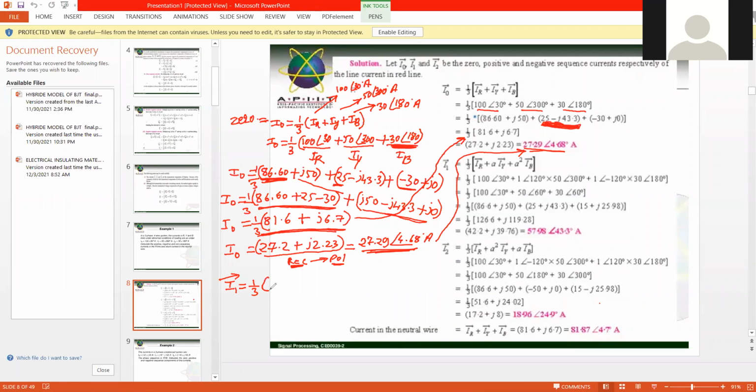This expression we calculated in the lecture the day before yesterday. IR plus a, these are the multiplying operators, a into IY plus a square into IB.